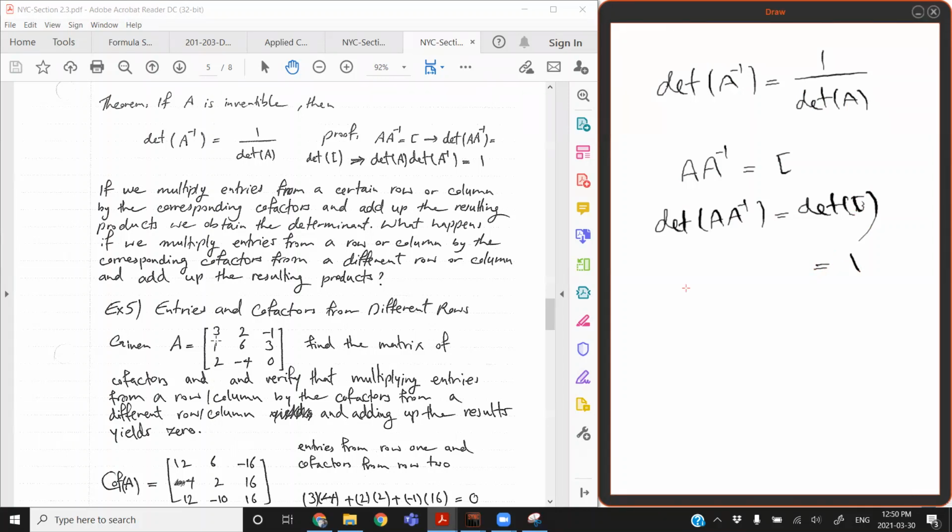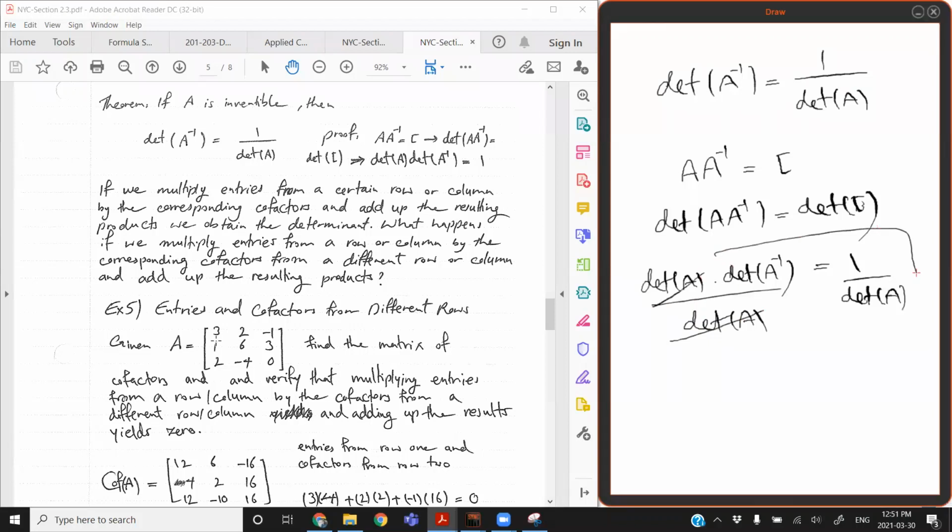On the left, we have the determinant of A times the determinant of A inverse, because we just proved that regardless of what A and B are, the determinant of AB is the determinant of A times the determinant of B. So if you just divide both sides by the determinant of A, this cancels this, and you get the answer.